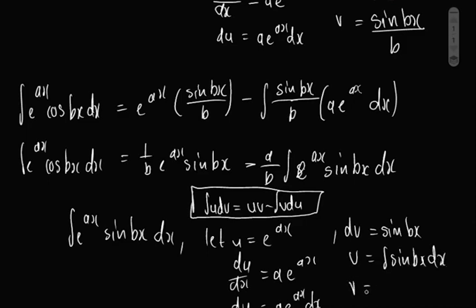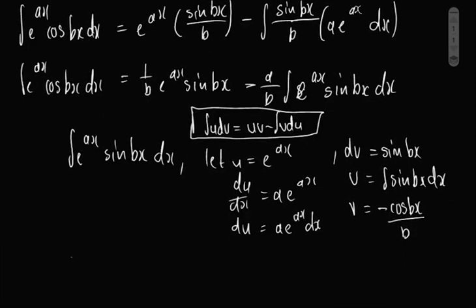That would mean v is equal to, if I integrate sine bx, I get negative cos bx, and then I have to divide by b. So you see why it's very important for you to be very good at this.